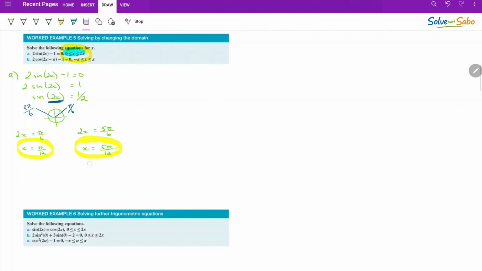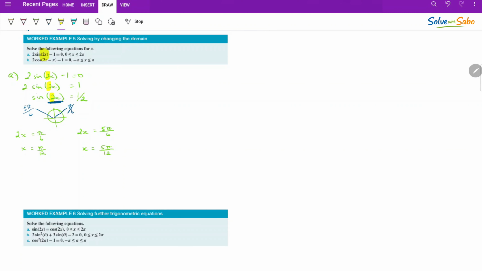However, the most elegant solution, when you have a number inside your angle that is not just x, like when it's a 2x, is to change out what your domain is. What I mean by that is, what are the transformations that are happening to your angle? In this case, my transformation on my angle is just times by 2.